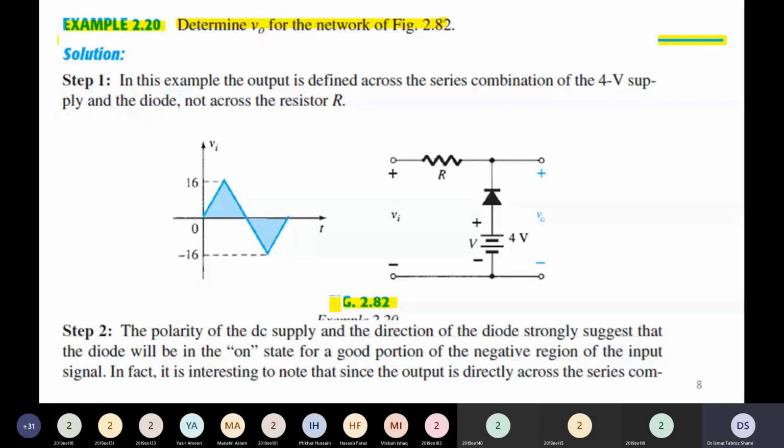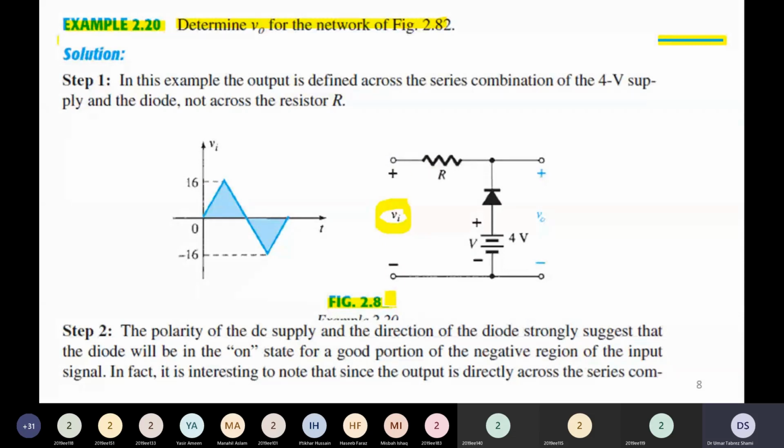The input voltage is a triangular waveform with a peak of 16 volt and a negative peak of again minus 16 volt. So let us study the circuit. The circuit is that at one side we have the input voltage.